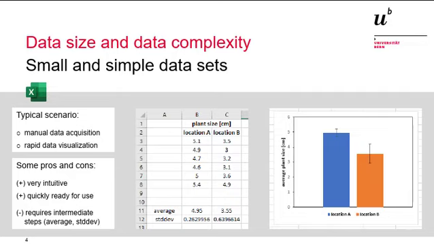You usually open Excel and just type in the data, and then you calculate the average and the standard deviation and make a plot. The entire thing doesn't require really deep knowledge of working with Excel. It's very intuitive. It's very quickly ready for use. However, it requires some intermediate steps, such as the calculation of the average and the standard deviation.